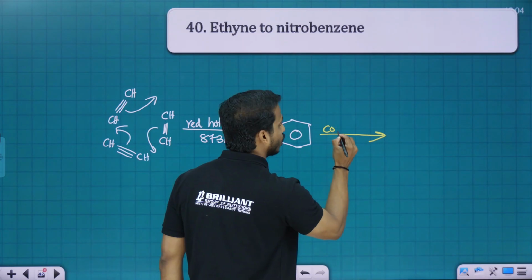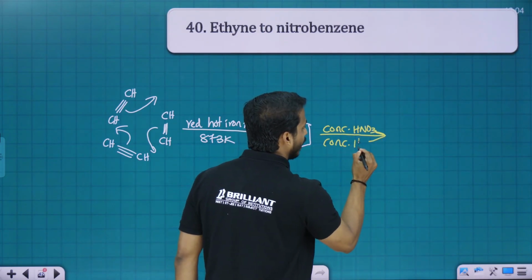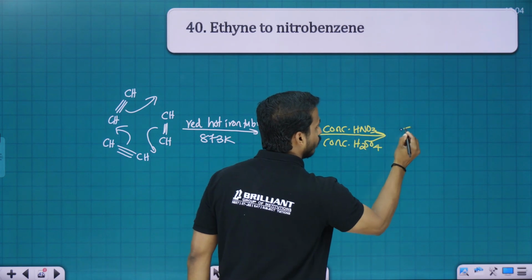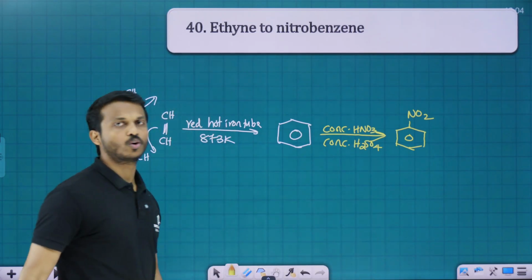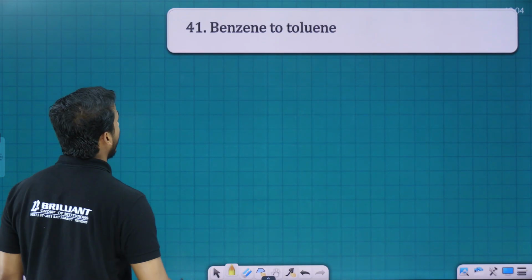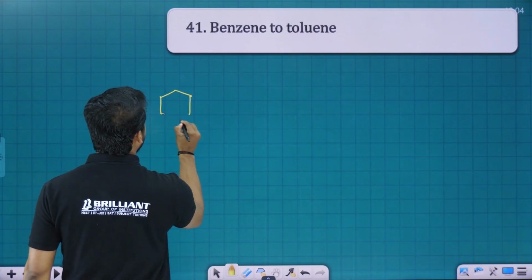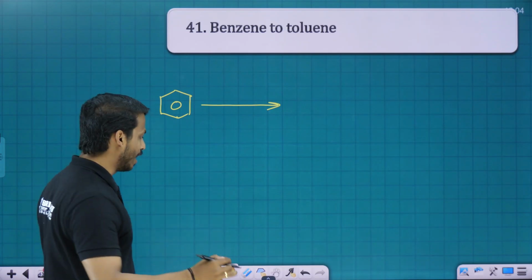What is the nitrating mixture? Concentrated HNO3 and concentrated H2SO4. We will get nitrobenzene. Benzene on nitration gives nitrobenzene. Next one. How will you convert benzene to toluene? I hope you studied Friedel-Crafts alkylation.